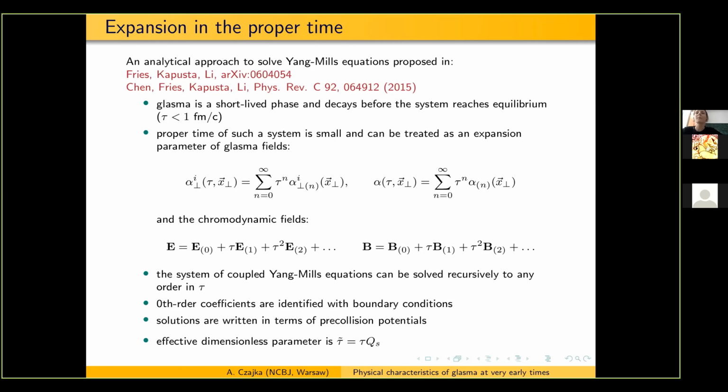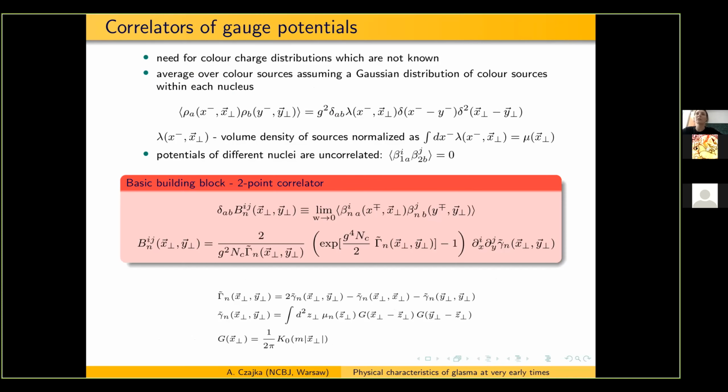We extended it, and the zero order coefficients are identified with boundary conditions. So solutions for the time evolution of glasma are given in terms of pre-collision potentials. The proper time is dimensionful, so effectively the expansion parameter is tau Qs, where Qs is the saturation scale, which is like 2 GeV in our case.